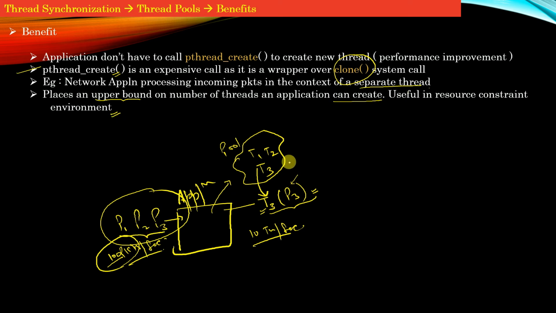For example, suppose the limit of the thread pool is say 10, so the application has to work with at max 10 threads during its lifetime. An application cannot create the 11th thread in any situation. So a thread pool also helps in placing an upper bound on the number of threads an application can create, right?